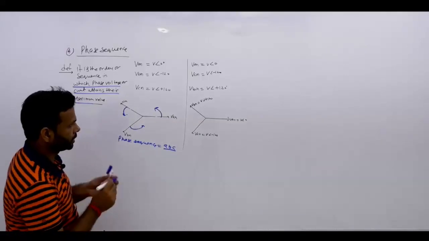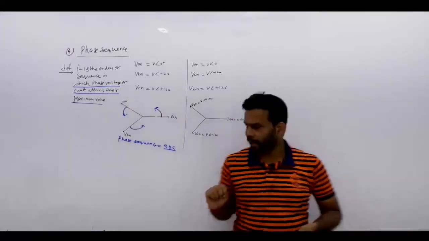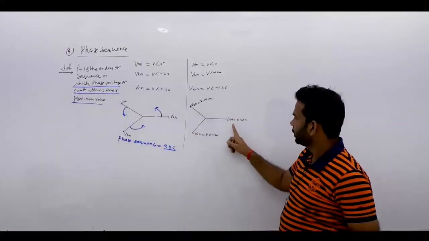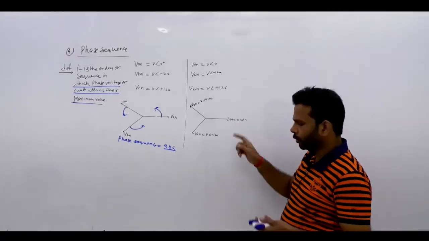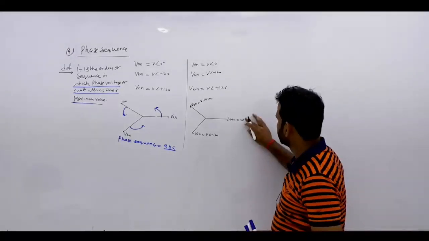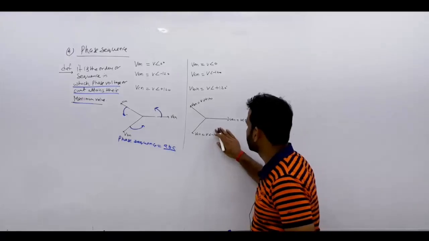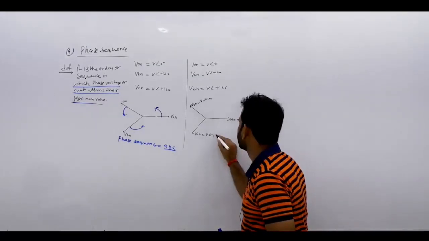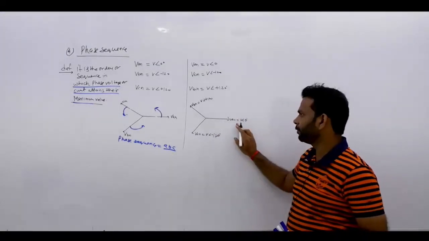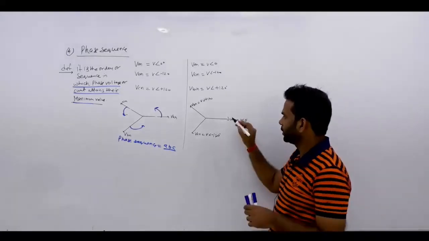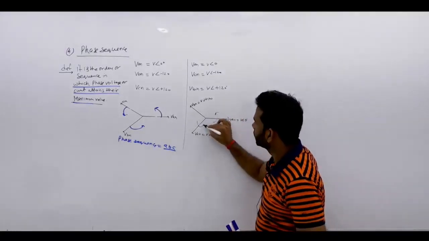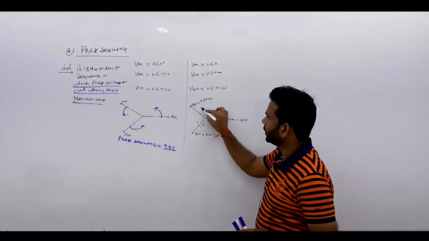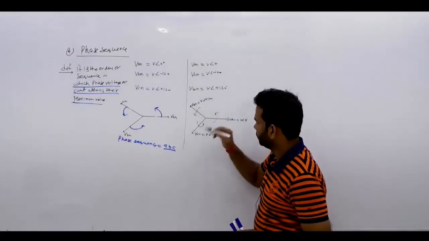Now if you see the second diagram, in A phase the first maximum voltage is induced, this is 0. In the first phase, A phase maximum voltage is induced. After that it is in C phase, and after that it is in B phase.